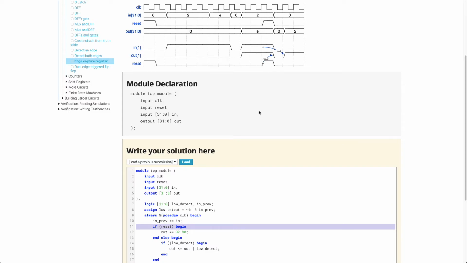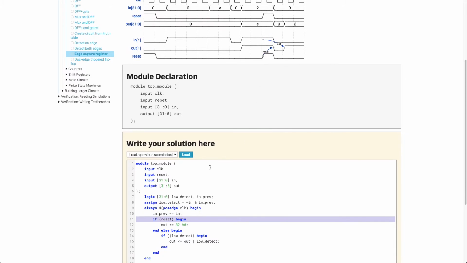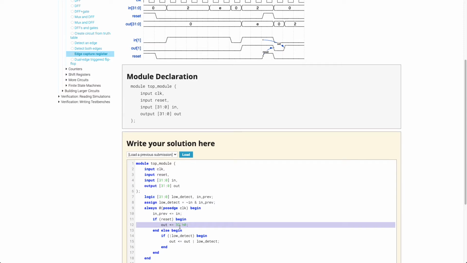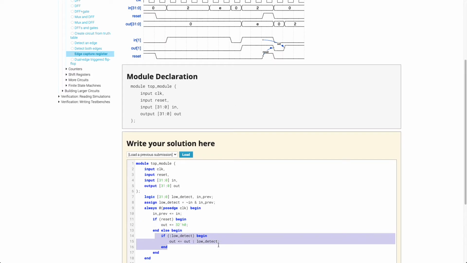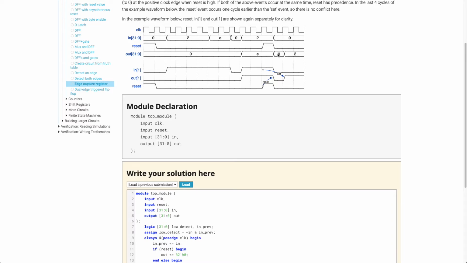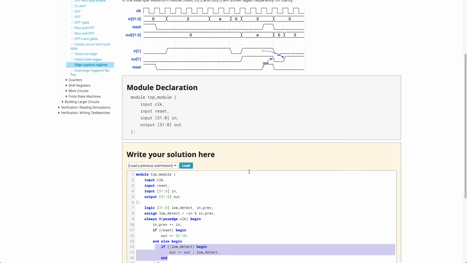And then in this particular case, let's say a rear reset, this next cycle is 0. That's great. But then the next cycle, we actually hit this case statement, and then we will have a low detect for bit number 1. So this will evaluate to true. Bit 1 would be true as in is 0, and then this in prev was 1, and then we just OR 1 0 with all zeros, resulting in 1 0 in the next cycle.